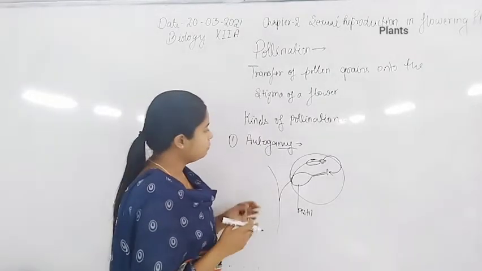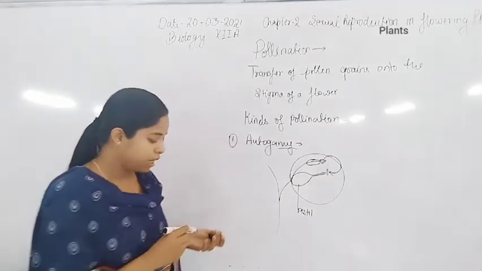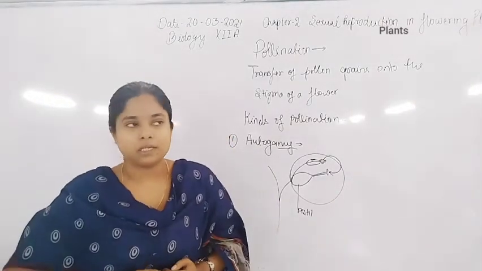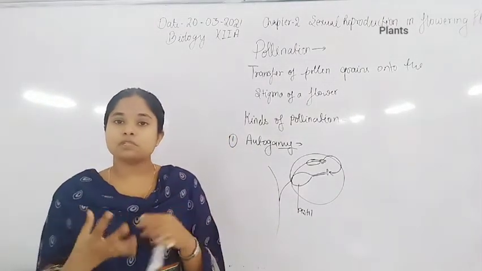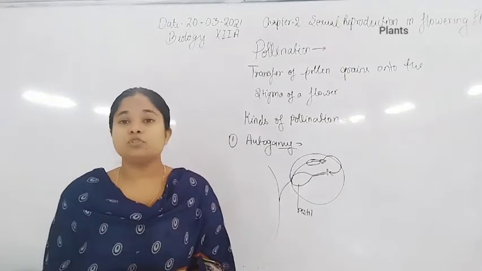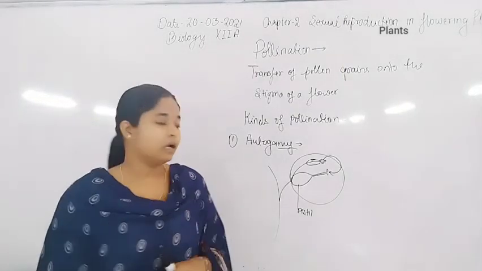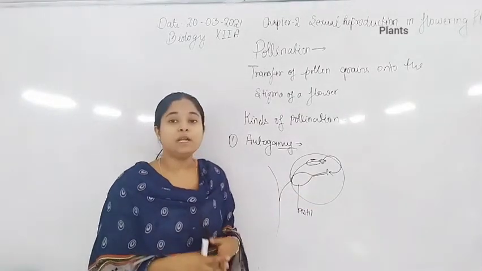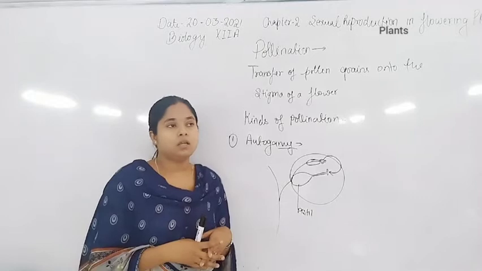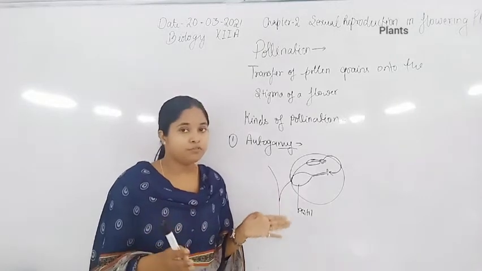But in some plants, with autogamy, there are two types of flower present. That is chasmogamous flower and clistogamous flower. Now chasmogamous flower is actually an open type of flower and clistogamous type of flower is a closed type of flower.